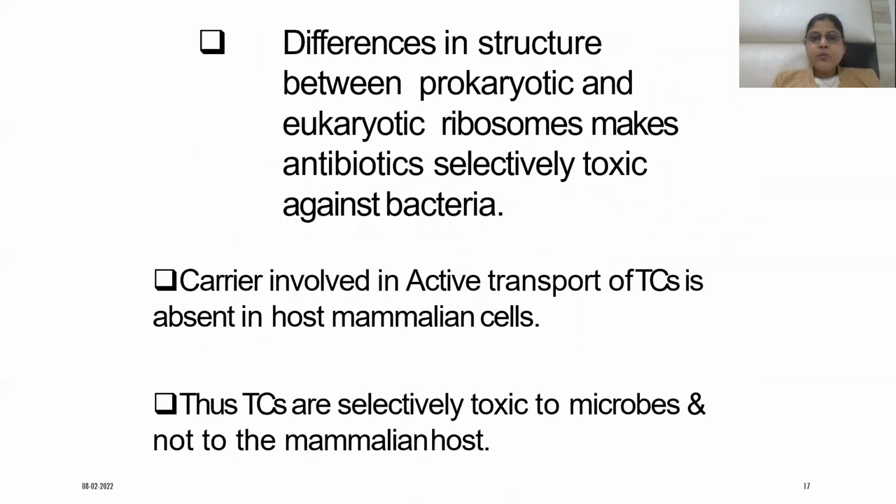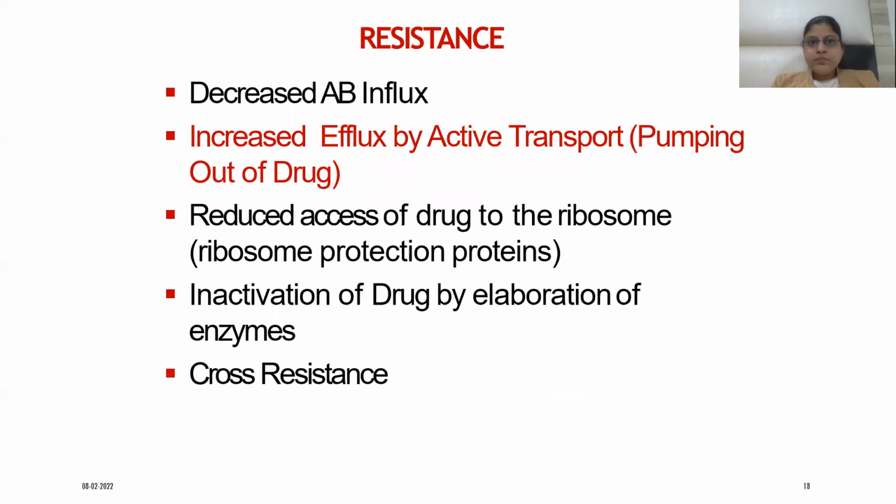This difference in structure between prokaryotic and eukaryotic ribosomes makes antibiotics selectively toxic against bacteria. The carrier involved in active transport of tetracyclines is absent in host mammalian cells, so they are toxic to microbes and not to the mammalian host.